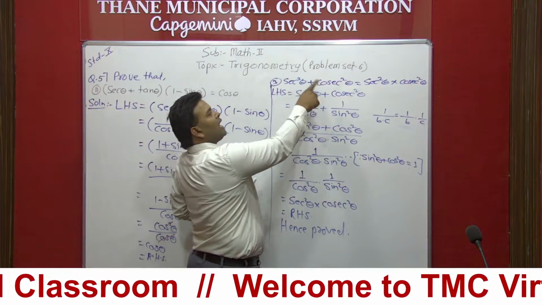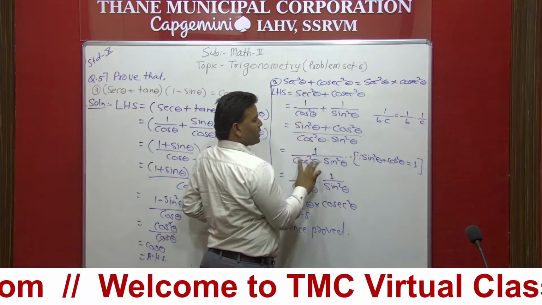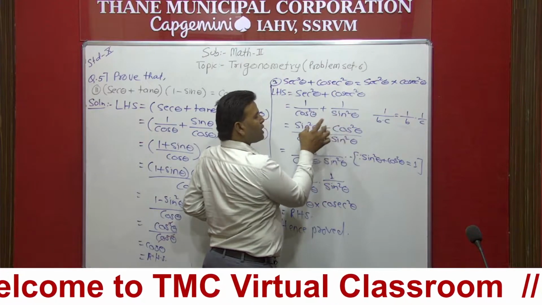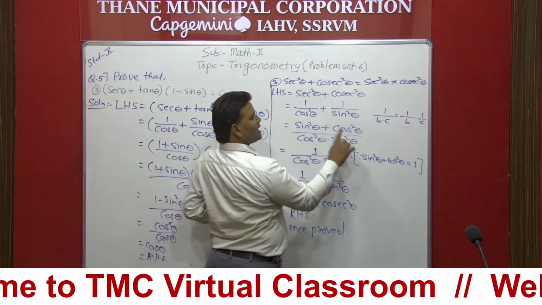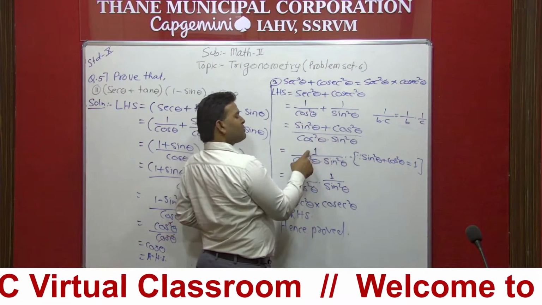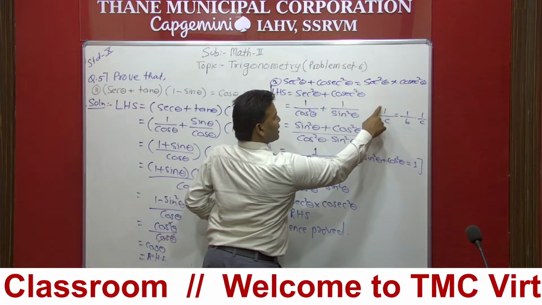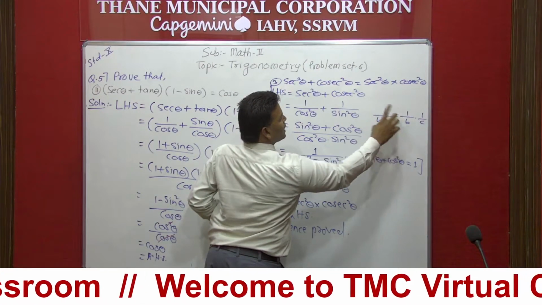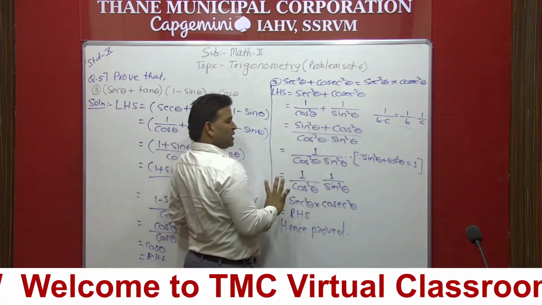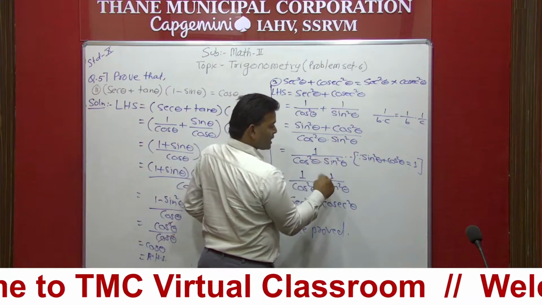Now first what I did, I converted this one in terms of sin and cos. Then I did the cross multiplication. After doing cross multiplication, I got one of the identities. This identity is nothing but sin square theta plus cos square theta is equal to 1. So instead of this I have substituted 1. Here I have used this property: 1 upon BC means 1 upon B into 1 upon C. The same property I have used here: 1 upon cos square theta into 1 upon sin square theta.